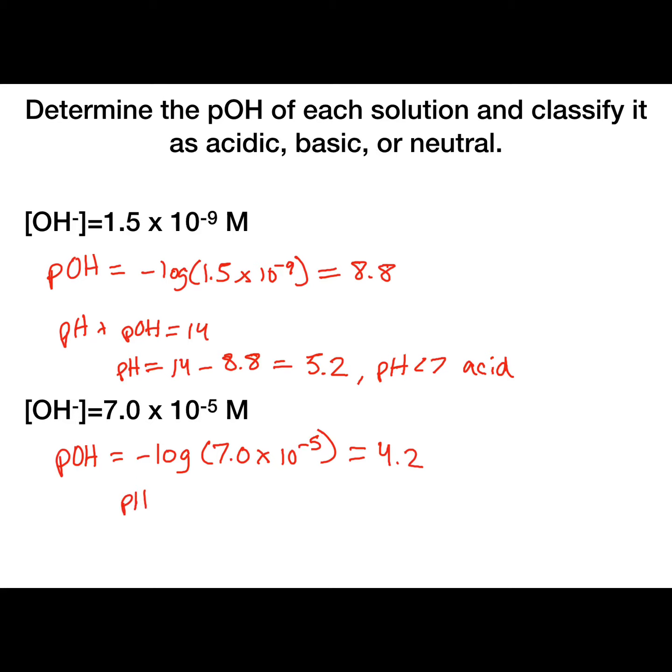So pH is equal to 14 minus our 4.2. When we plug this into our calculator, we get a pH of 9.8. So since pH is greater than 7, this is basic.